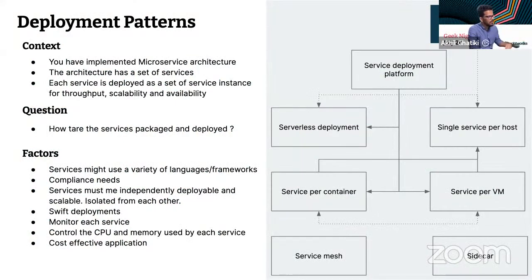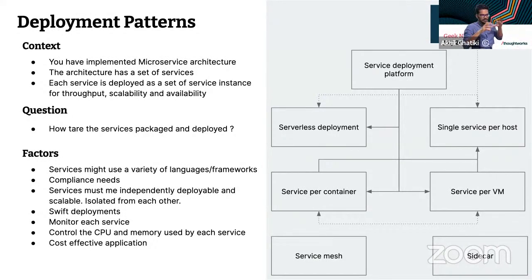I'll be really quick now. Infrastructure patterns, how we are going to deploy your services now. You can deploy multiple services per host, where you have one hardware host that has shared hardware, and you deploy multiple things into that.